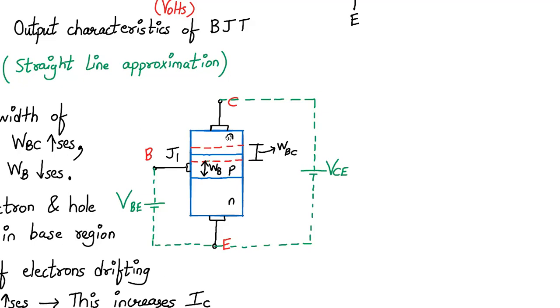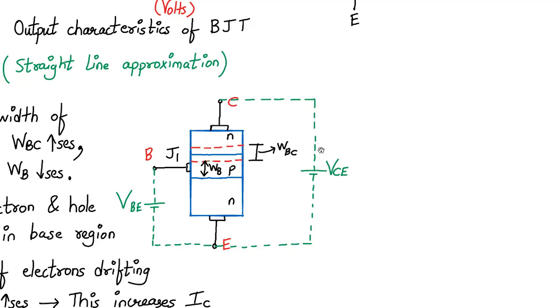There is a PN junction formed over here, and the base collector junction is always reverse biased. In reverse bias, the depletion width is larger. As you go on increasing your collector to emitter voltage, your base collector region becomes more and more reverse biased.